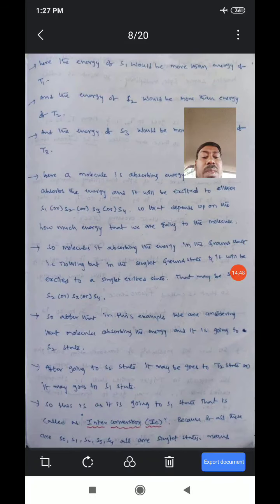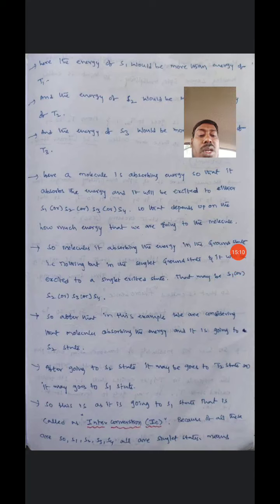In this example we are considering that the molecule absorbs the energy and goes to the S2 state.